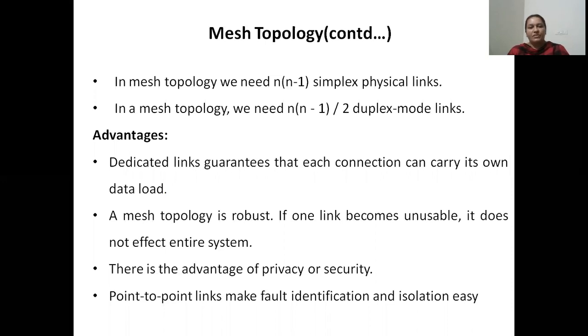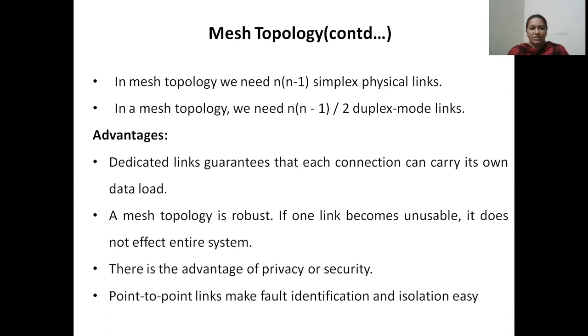Otherwise, if the network has duplex mode links, then it requires n into n minus 1 divided by 2 links. That means for a network containing 10 computers, we require 45 links to establish a mesh topology between the computers.